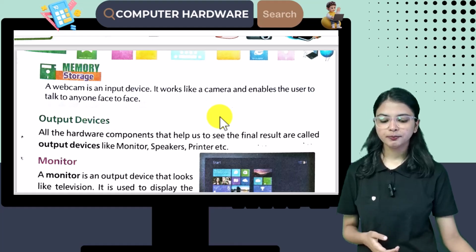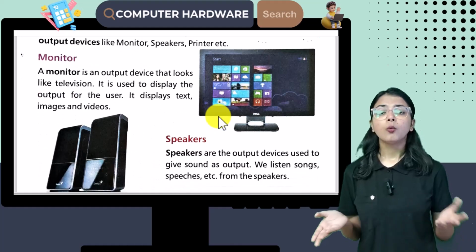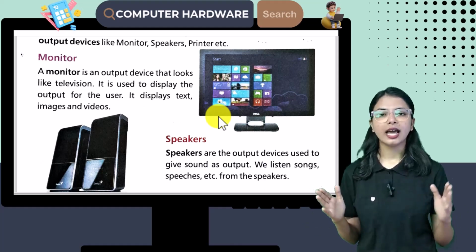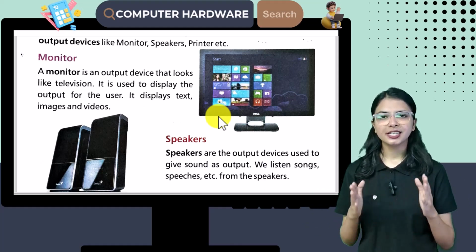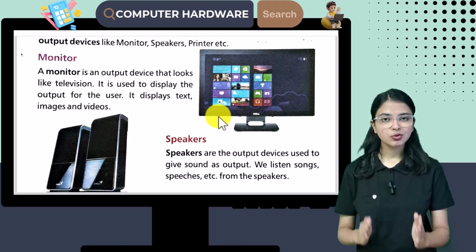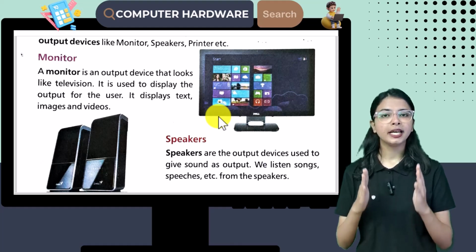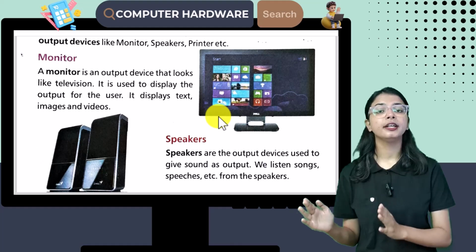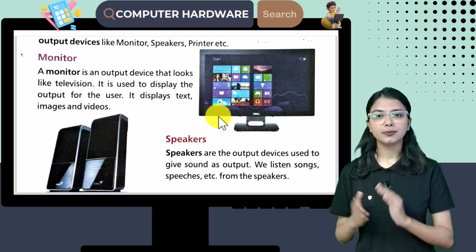Okay students, so what is a monitor? A monitor is an output device that looks like a television. आप सभी के घर में टेलीविजन तो होगा ही बच्चों, है ना. जो स्क्रीन, जो विजुअल डिस्प्ले टेलीविजन दिखाता है, ऐसा ही विजुअल डिस्प्ले हमारा मॉनिटर डिस्प्ले करता है.